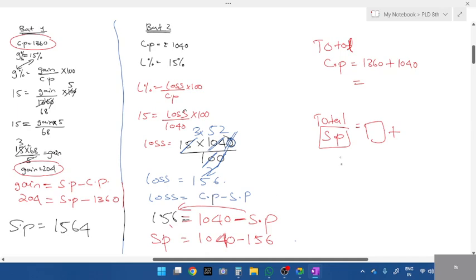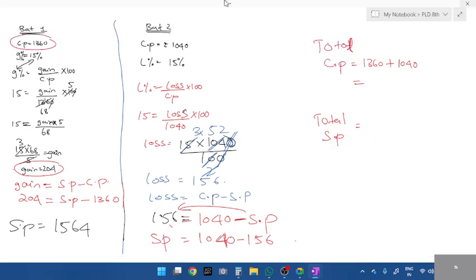If not, you'll get confused. Subtract it, you'll get selling price. Add both the selling prices here. Tell me whether it is a profit or loss. Overall profit or loss. Last question.